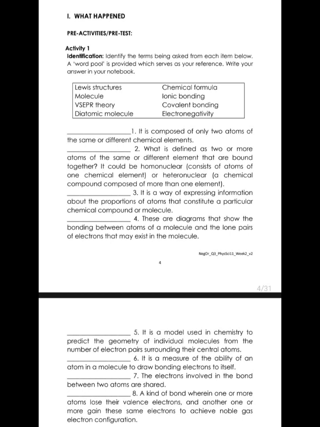The answer is covalent bonding. Number 8. A kind of bond wherein one or more atoms lose their valence electrons and another one or more gain these same electrons to achieve noble gas electron configuration. The answer is ionic bonding.